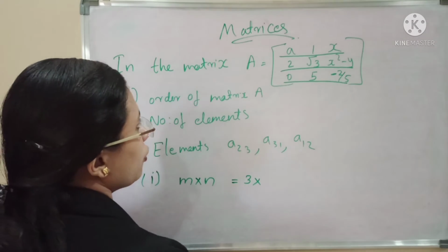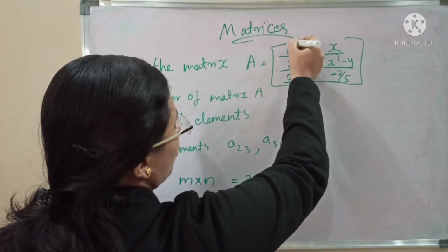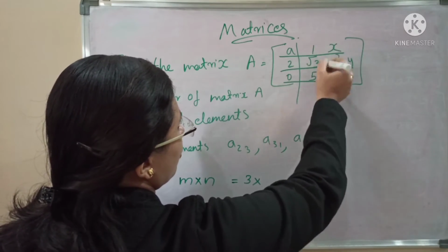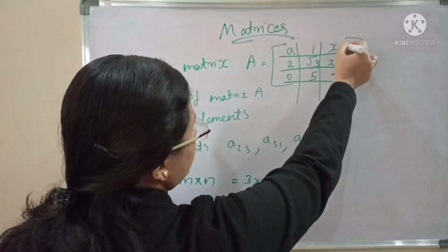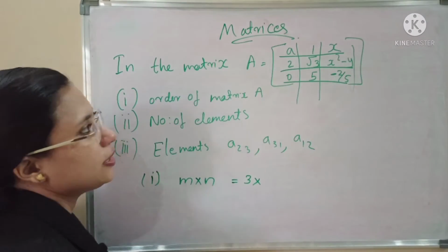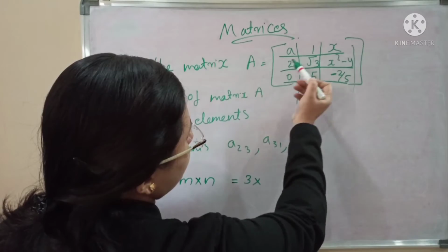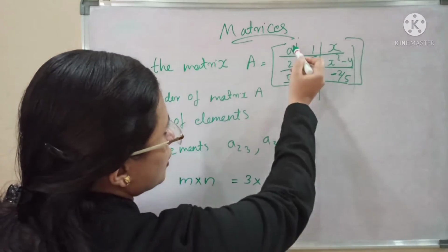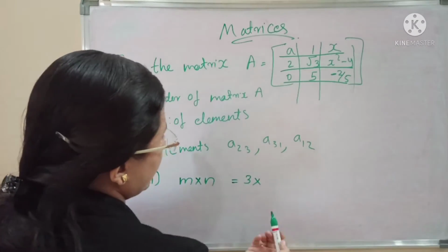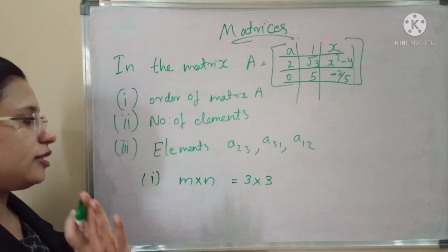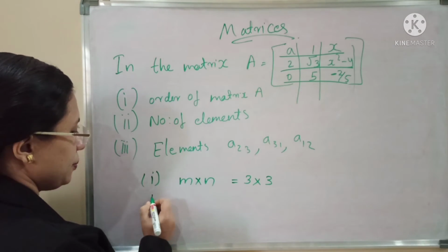By number of columns: 1, this is the first column, 2, second column, 3, third column. So total 3 columns. So 3 by 3 is the order of this matrix. Clear?